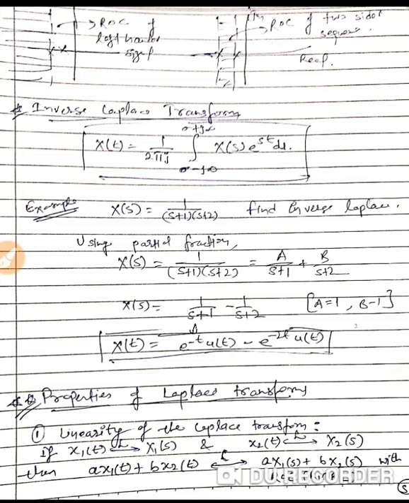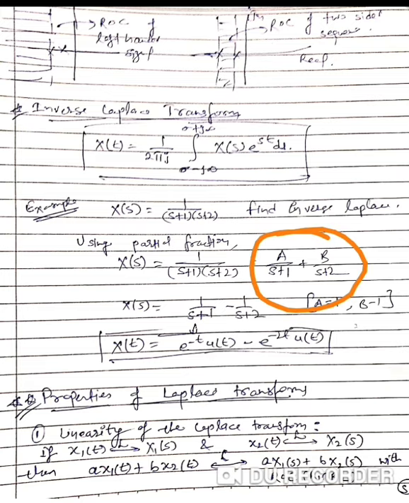By using partial fractions we can divide the signal into two signals, a upon s plus 1 plus b upon s plus 2. As you all know about partial fractions, the values of a and b come out to be 1 and -1. So our signal has been divided into 1 upon s plus 1 and 1 upon s plus 2.